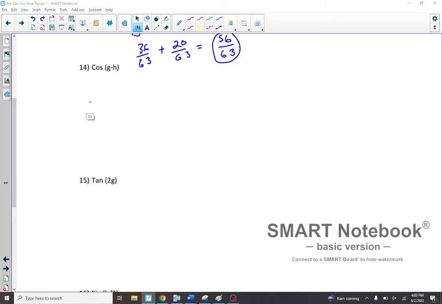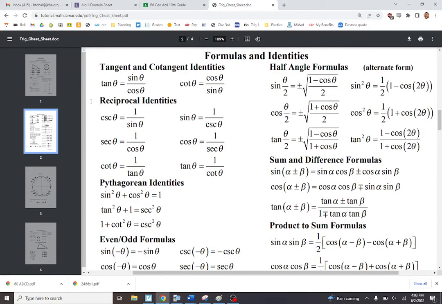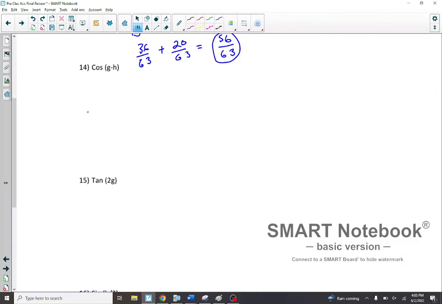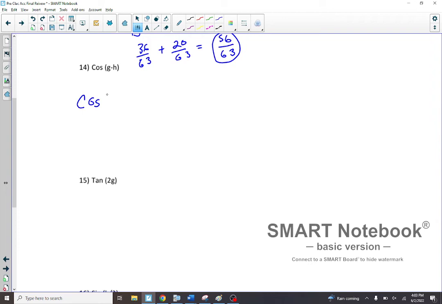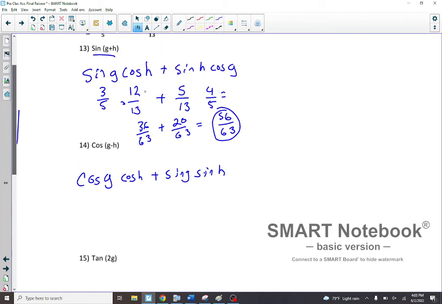All right, cosine of g minus h. So cosine is inverted, cos first. Cos g cos h plus sine g sine h. But you could abuse the fact we already found cos g and cos h, which is 4 over 5 and 12 over 13.